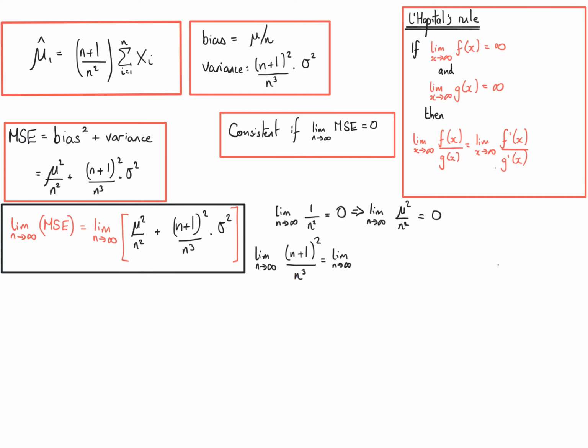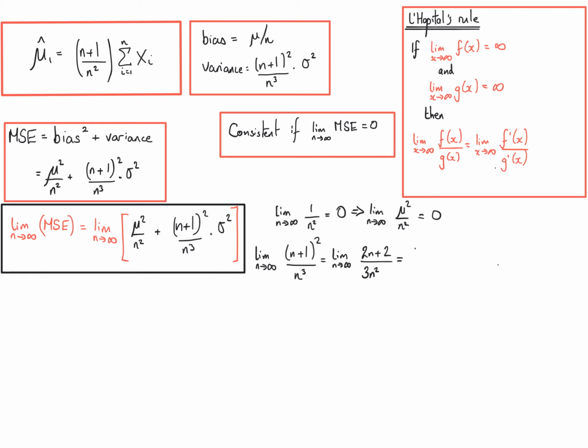So the derivative of the numerator is just 2n plus 2 divided through by the derivative of the denominator, which is 3n squared.